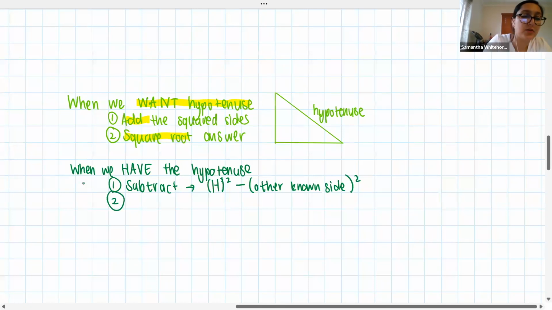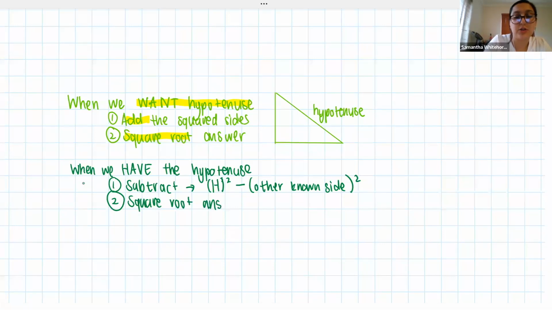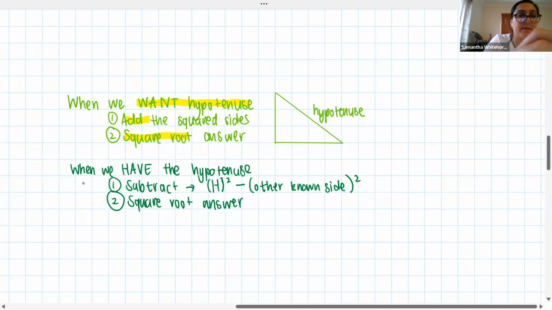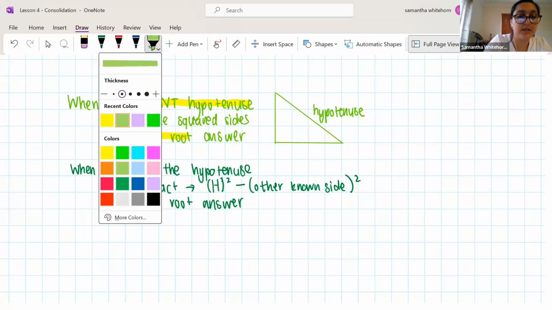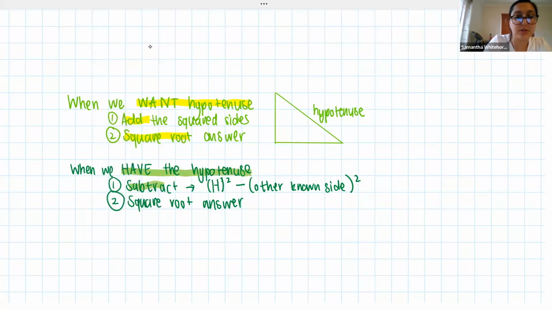And then again, you will square root your answer. So it is only when you have the hypotenuse do you subtract. Okay, that took a ridiculous amount of time on my part. I apologize. When you have the hypotenuse, you subtract, and then you square root.